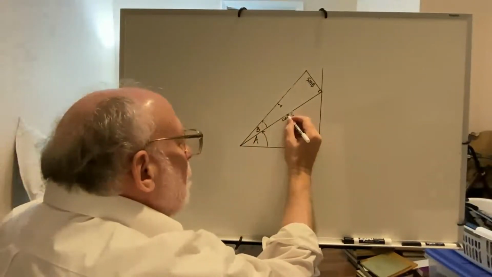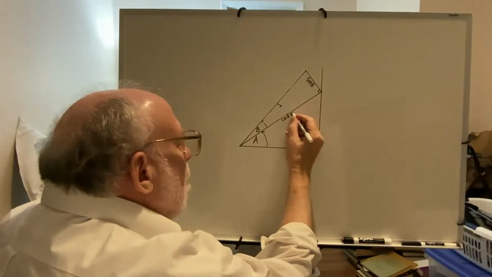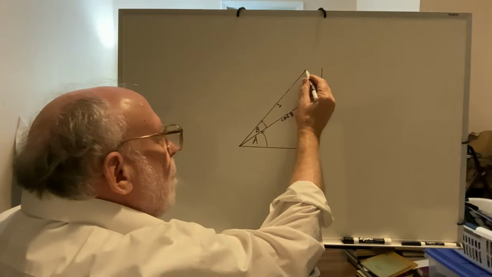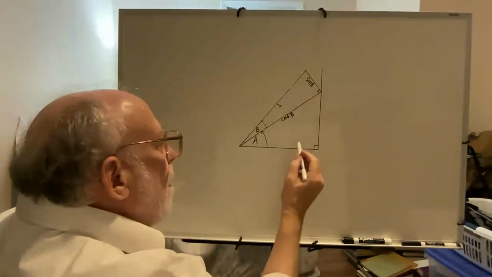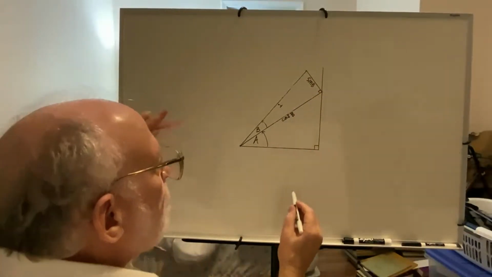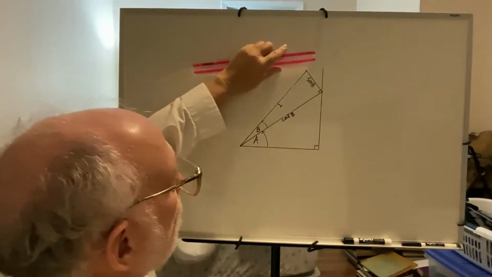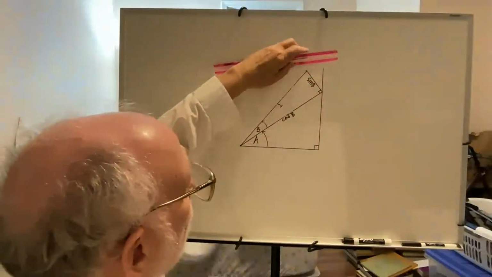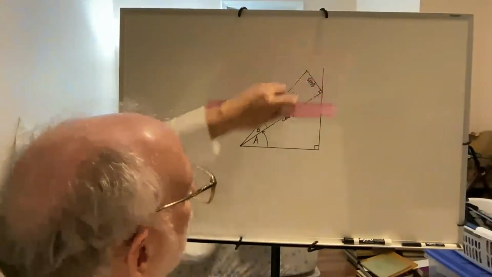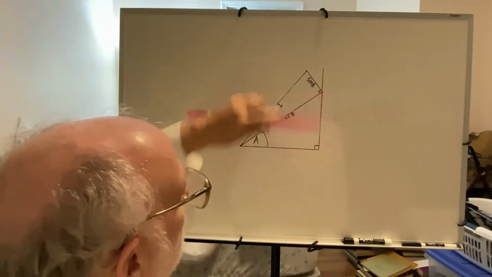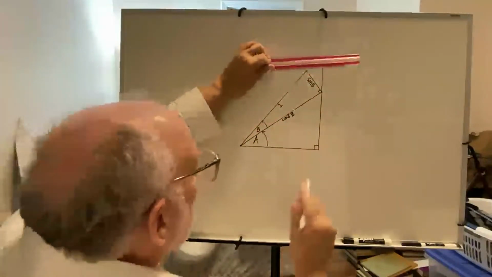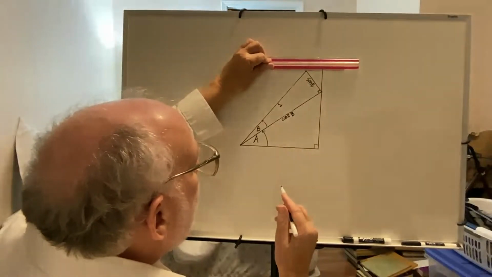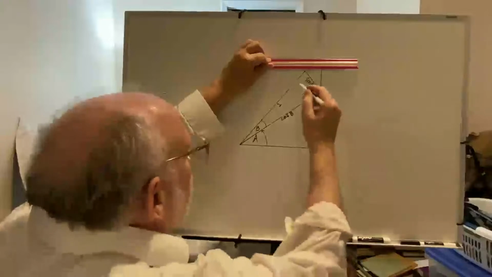Now, what we really want to do is from this point, draw a line parallel to the base. We can do that because from a point not on a line, there's one and only one line parallel to the given line, which is the base. That is equivalent to Euclid's fifth postulate, Playfair's postulate.